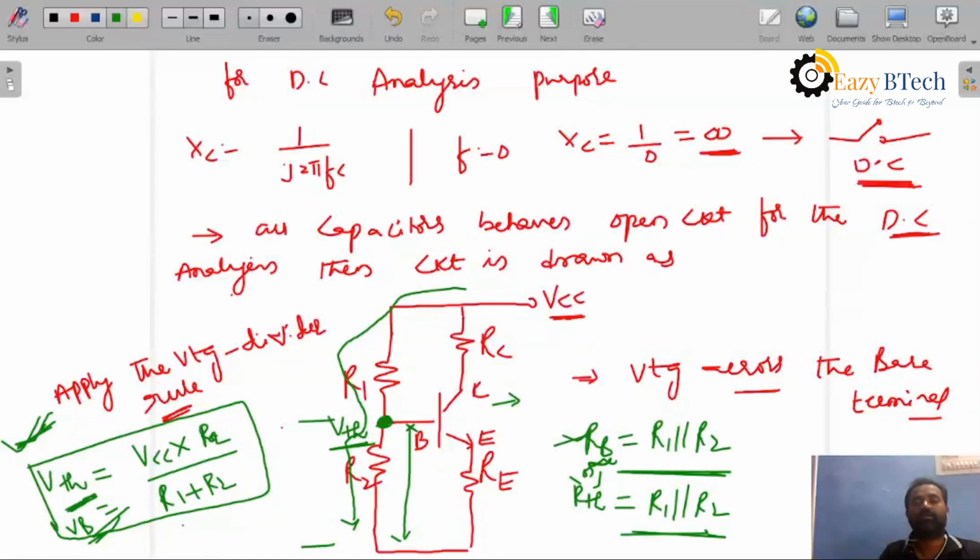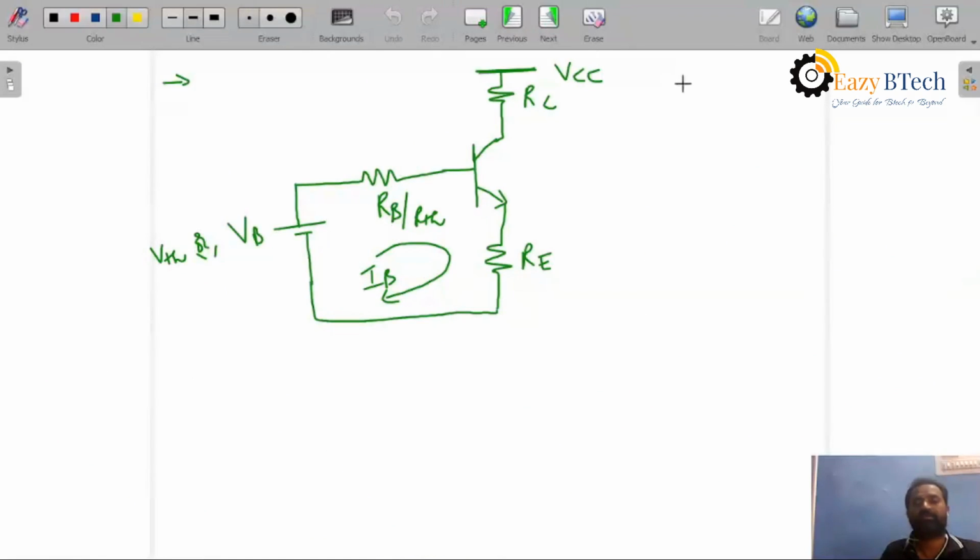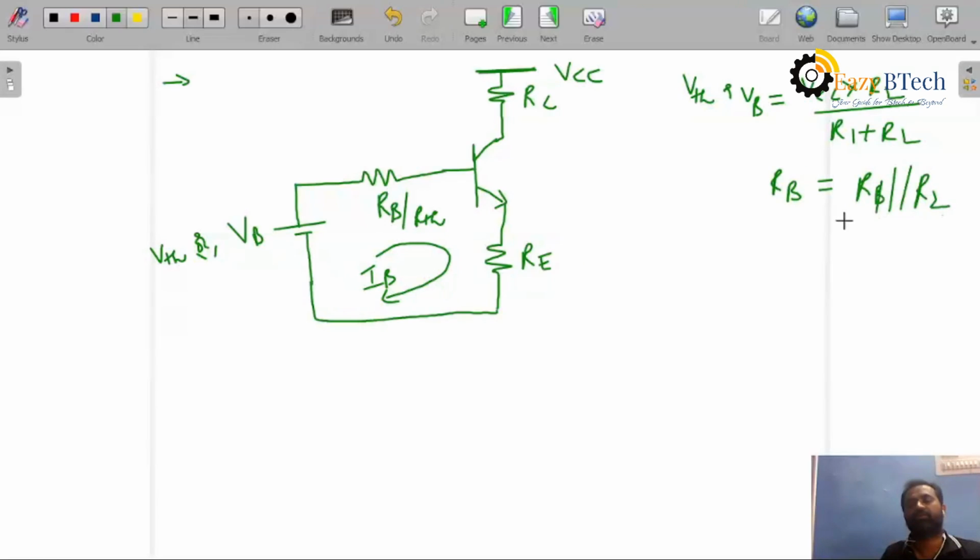We write the threshold voltage VB as the voltage divider rule function, that is VB equals VCC into R2 by R1 plus R2, and RB is nothing but R1 parallel to R2.